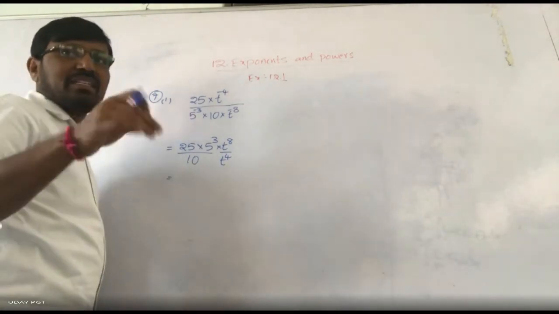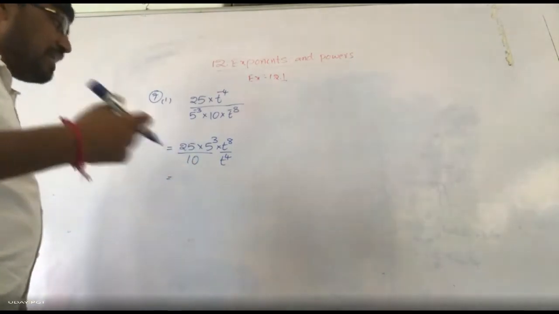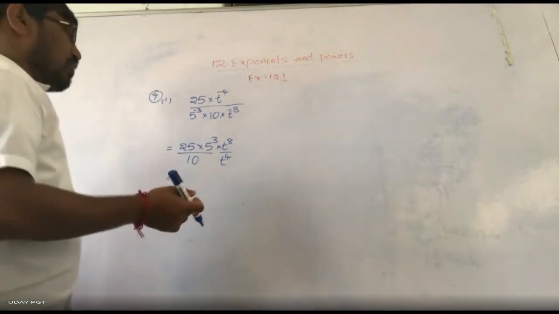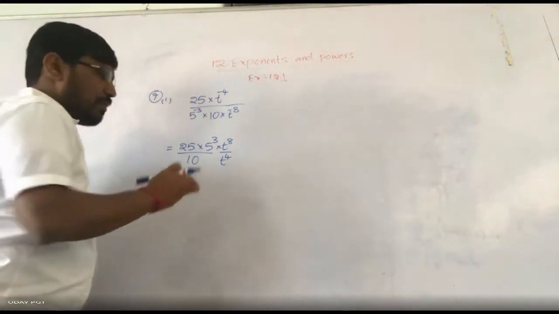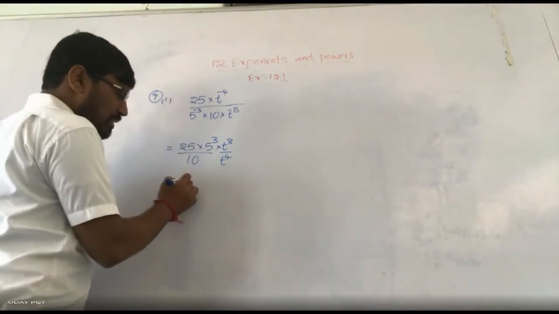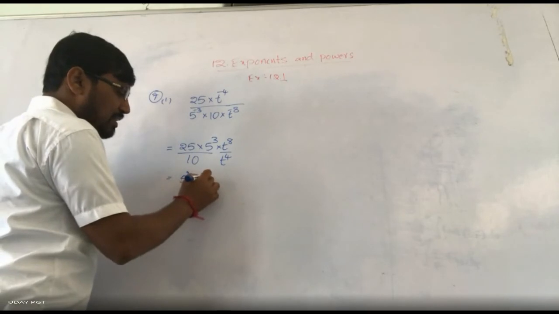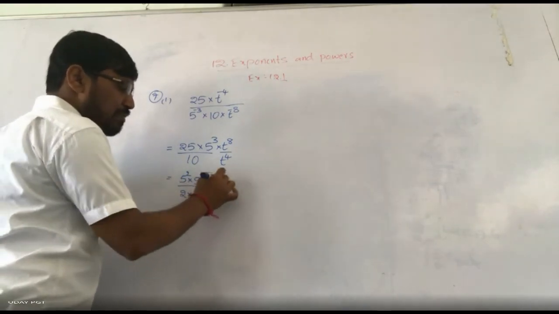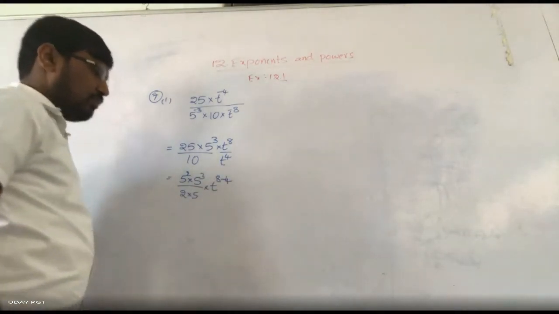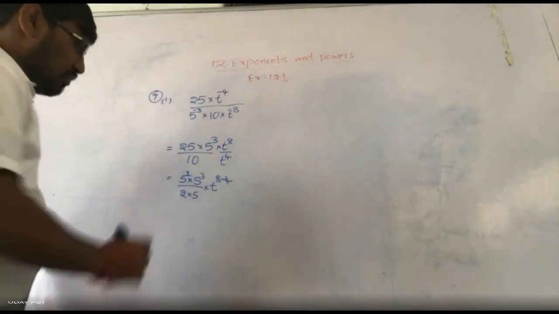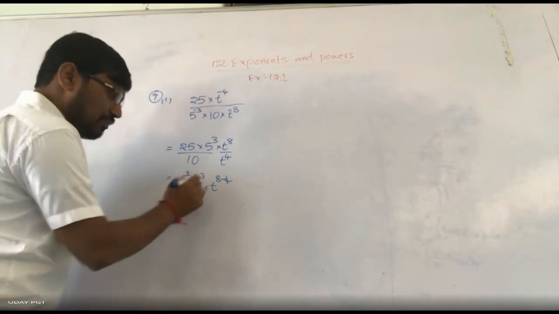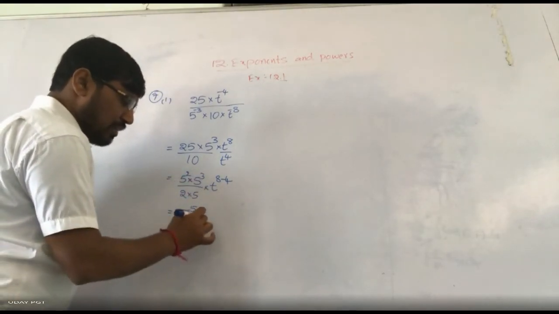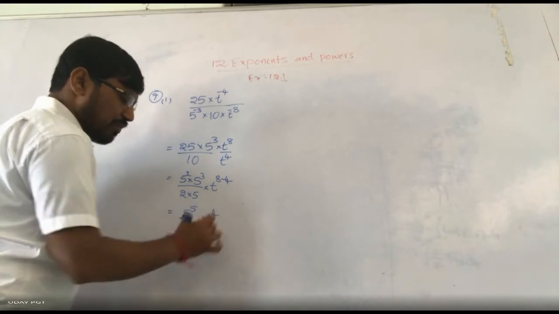The question says simplify, so you can write in power notation, or you can find the value and keep it. 25 can be written as 5 square, and 5 power 3 divided by 2 into 5 into t power 8 minus 4. These two powers can be added: 5 power 5 divided by 2 into 5 into t power 4.